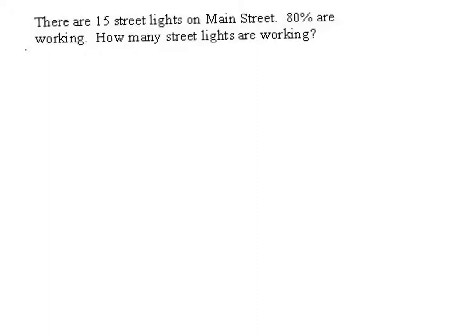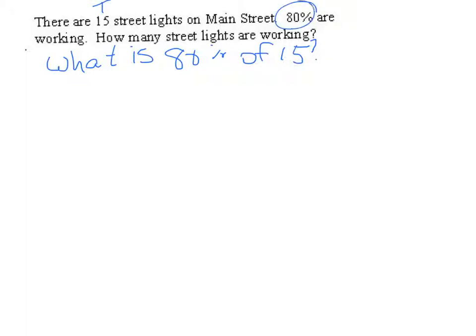Okay, so it's helpful if you reword the question. So what we want to know is, what is 80% of 15? Okay, they told us the total was 15, 80% are working, and they want to know how many are working. Okay, when we reword it into the simpler question, it makes it a lot easier to work.